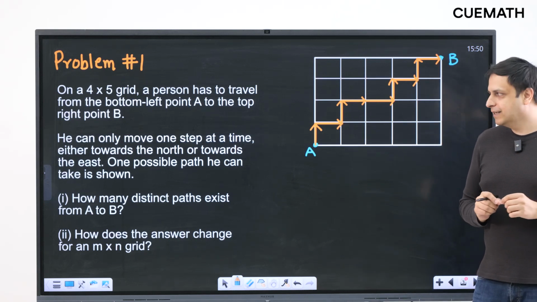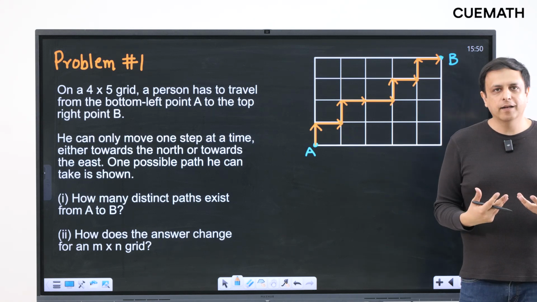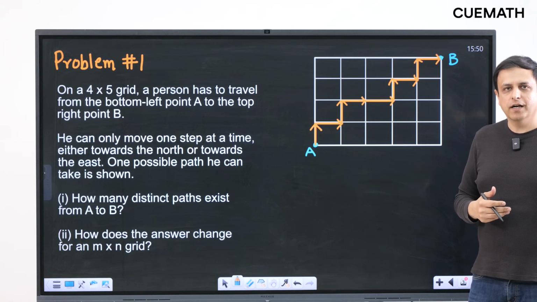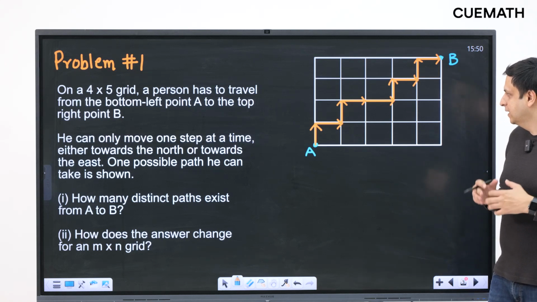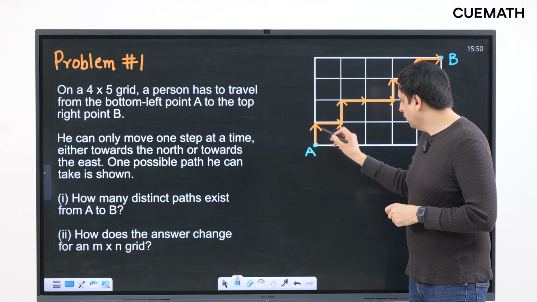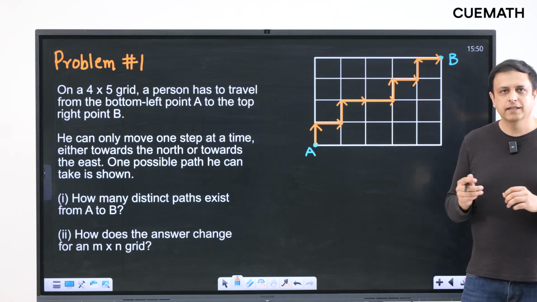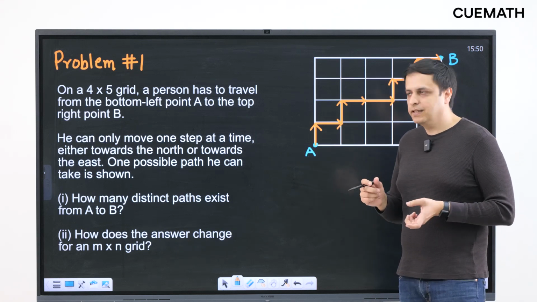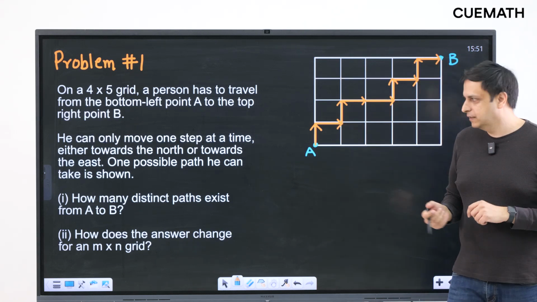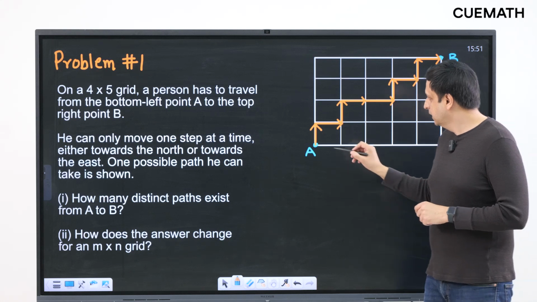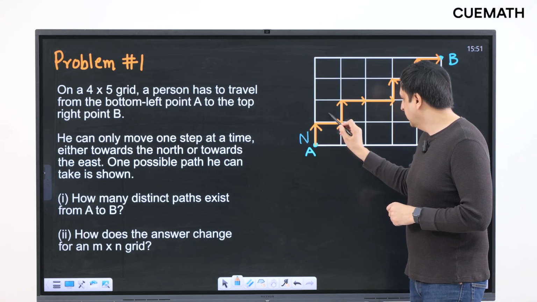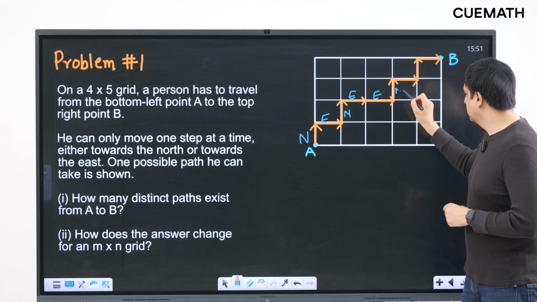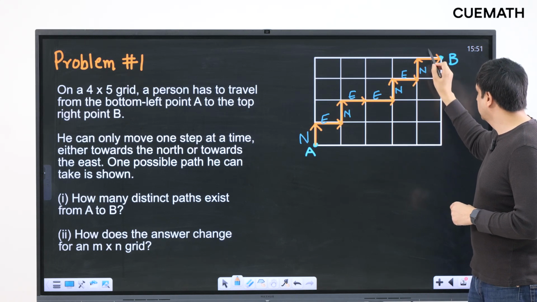The way we will do that is we will think about how to describe each possible path in a way that makes it easy for us to count the number of paths. So here's what we'll do. For each of the steps the person takes, we will either denote it by, let's say, N, which means north, or E, which means east. So let's take a look at this specific path here. The person goes north, then east, then north, then east, then east, then north, then east, then north, then east.